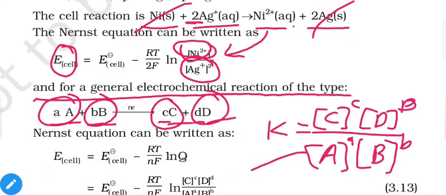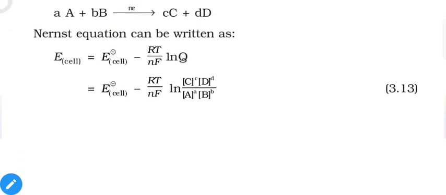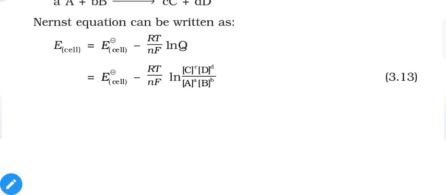So these values are mentioned here. Now note here, instead of K, Q value is mentioned here. That means concentration of product upon concentration of reactant should be equilibrium constant K. But instead of K we can see Q here.